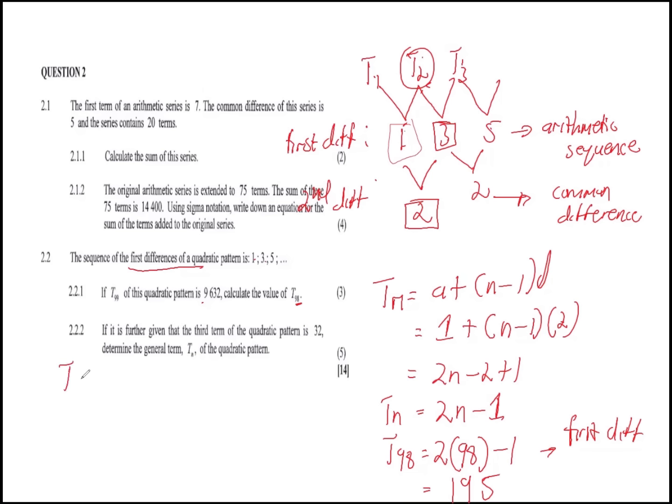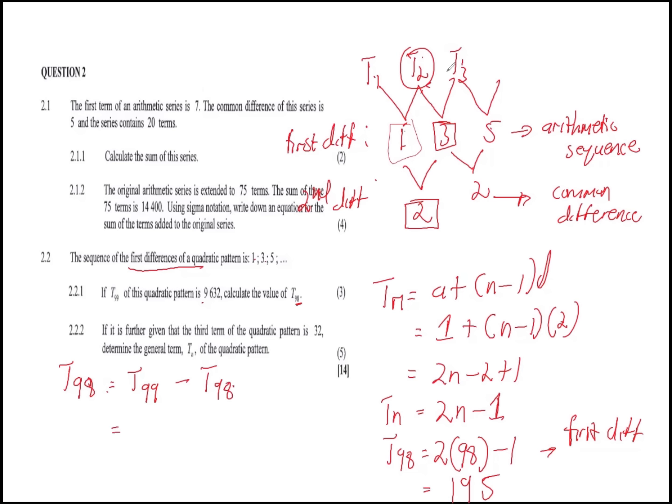To get T98, I would have to say T99 from the quadratic minus T98 from the arithmetic, or the first difference.